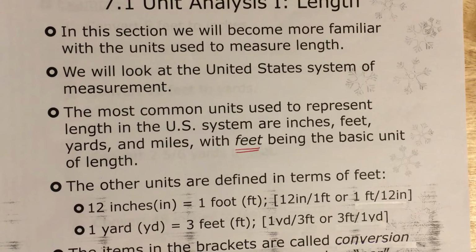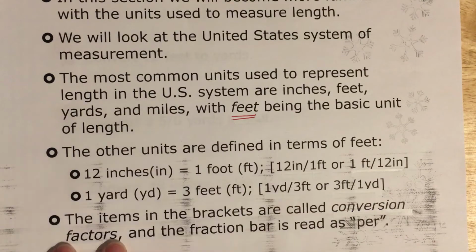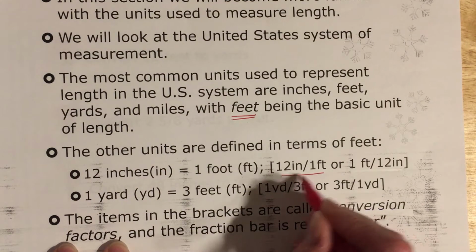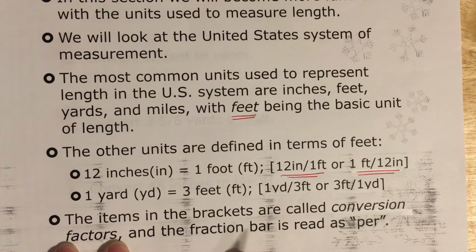The other units are defined in terms of feet. So we have inches and yards being related to feet. So 12 inches equals 1 foot. Right here, you can represent them as fractions, 12 inches over 1 foot, or 1 foot over 12 inches.